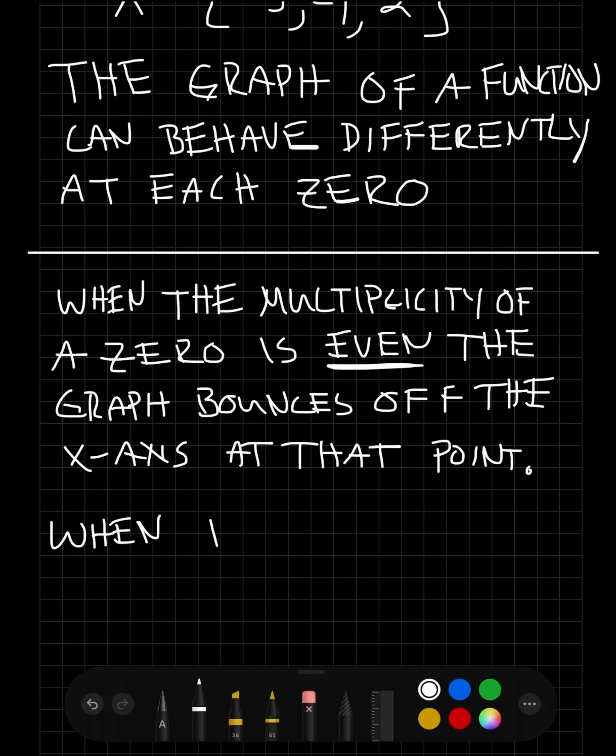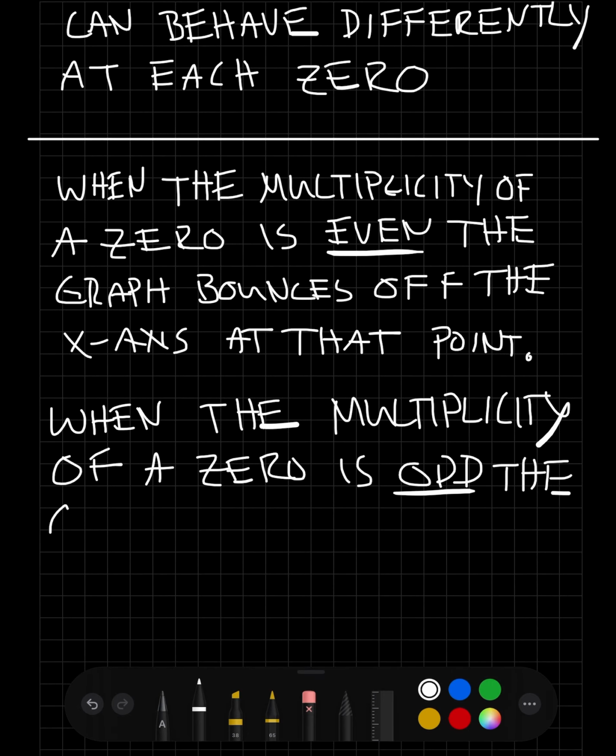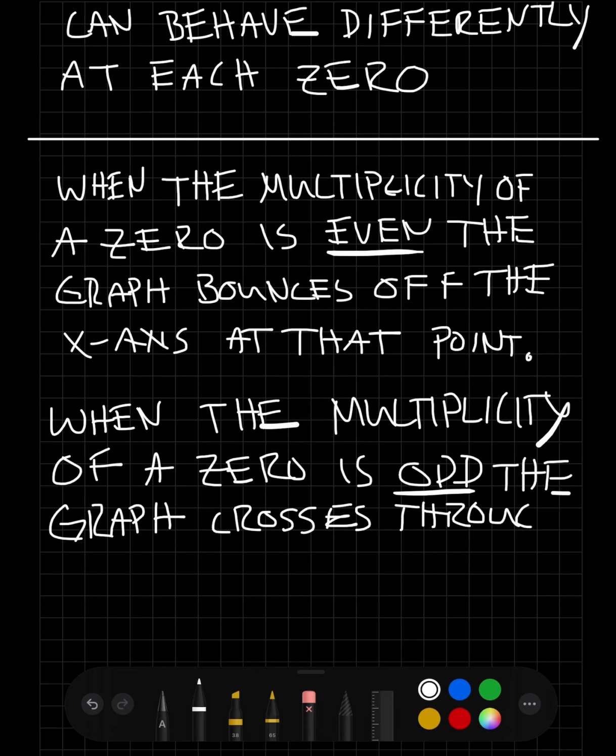When the multiplicity of a 0 is odd, the graph crosses through the x-axis at that point.